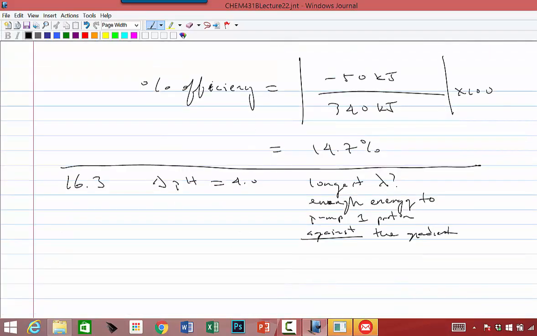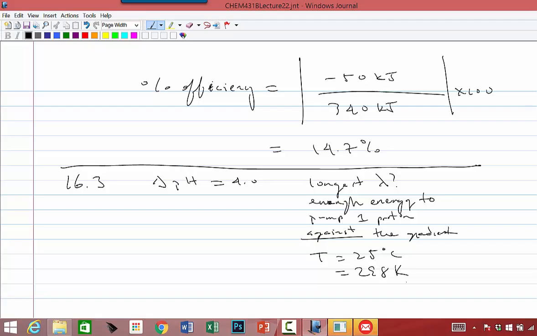Okay. And we're also given that the temperature equals 25 degrees Celsius, which is the same thing as 298 Kelvin. So I just did that conversion there.